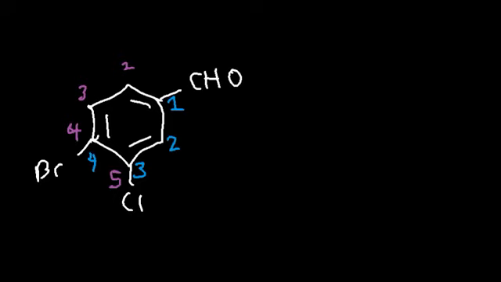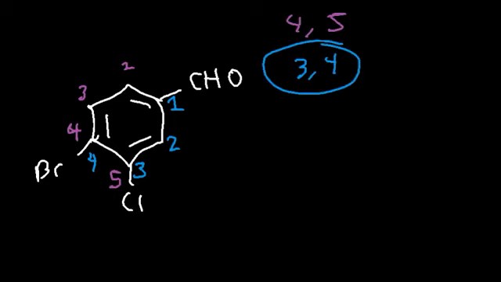So which one is better? 4, 5? Or 3, 4? Well, 3, 4 gives us the lowest number, so we always want to count in a direction that will give you the lower numbers for the substituents. So we need to count it this way. If we count it in the other direction, we're going to get high numbers, so that's the wrong way to count it.